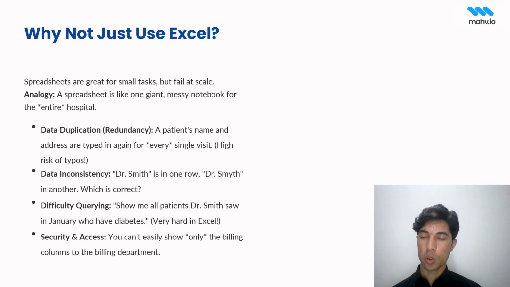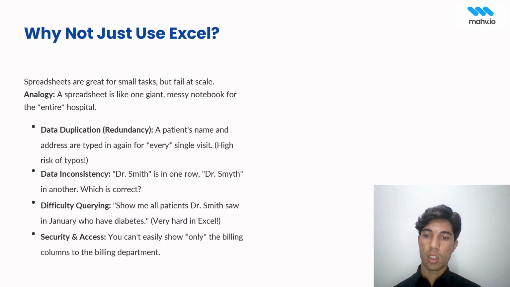Then the most important one is security and access, which is an all or none phenomenon in spreadsheets. You either show all the data to someone or you show none of it, which is not an ideal case for us.